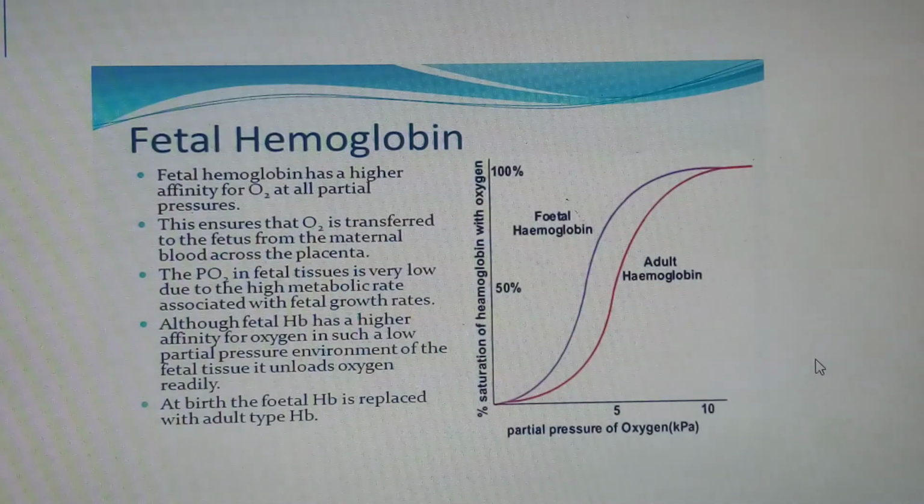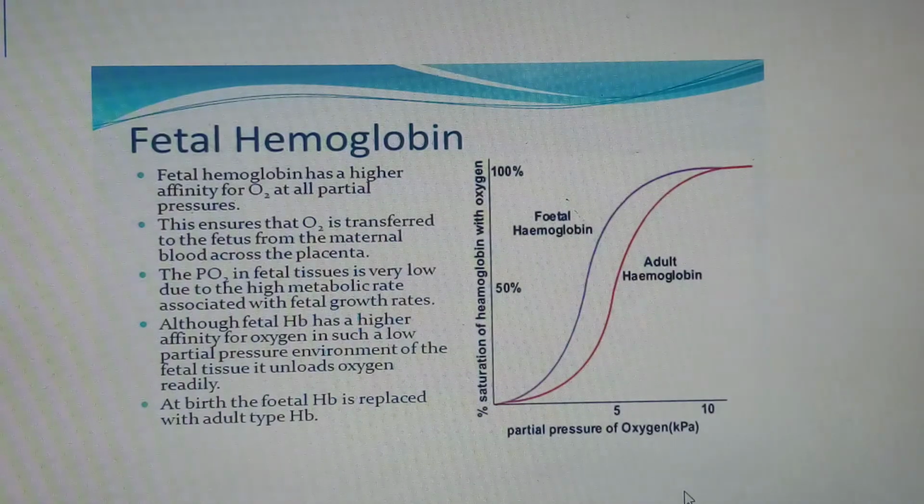However, having taken the oxygen, it now has to be unloaded to the fetal cells or fetal tissue. And fetal hemoglobin again has an ease in releasing that oxygen, and that is what we mean by fetal hemoglobin helping fetal circulation. But remember, in postnatal life, most of the fetal hemoglobin will be replaced by adult hemoglobin, except in persistent situations where fetal hemoglobin still persists.